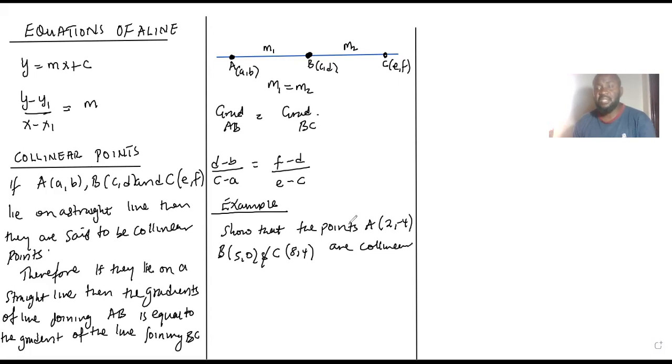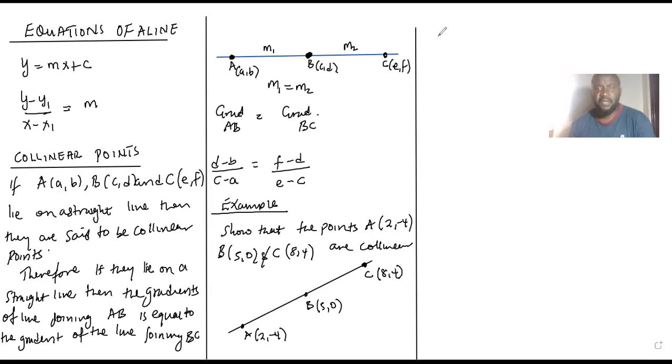So you choose the gradient of any two of them, it should be the same. If they are to be collinear, we are asking you to show that they lie on the same straight line. So we are expecting you to identify A, B, and C, where A is (2, -4), B is (5, 0), C is (8, 4).